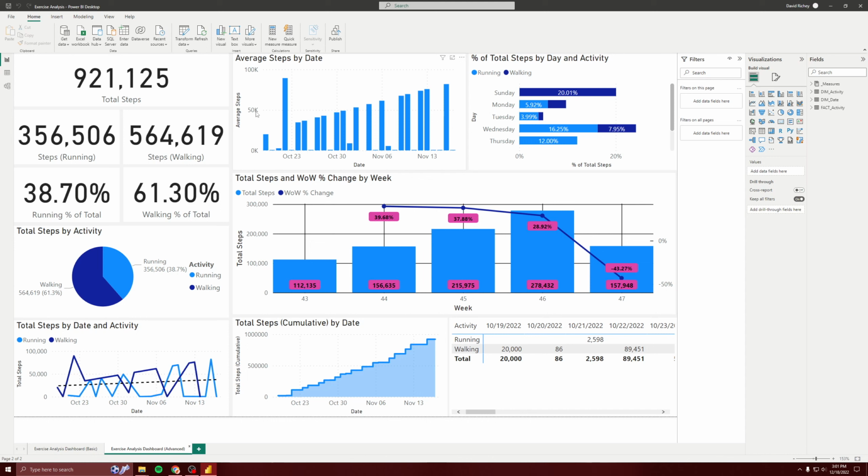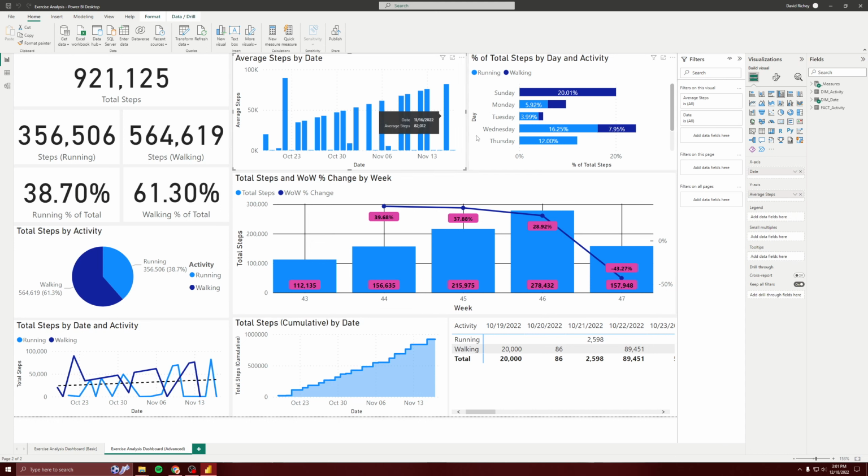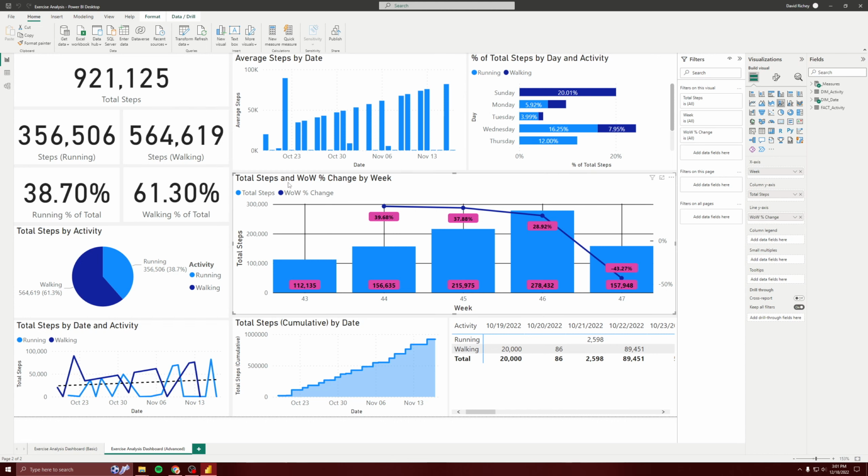Here's the average steps by dates again. Just in general, the average steps, overall running and walking. We saw this on the last page, and this is week over week percent change by week.